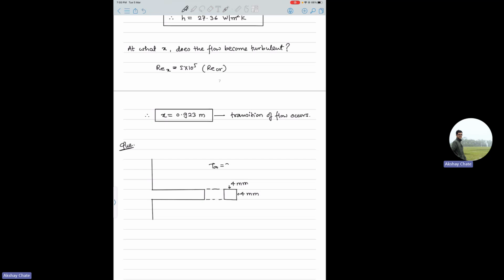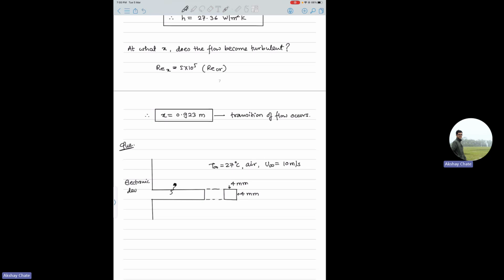Your ambient is air at 27 degrees Celsius, and it is flowing over the fin with a velocity of 10 meters per second. Basically, it is a fin mounted on an electronic device.